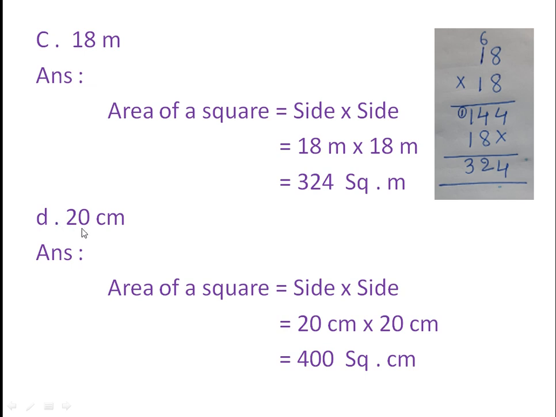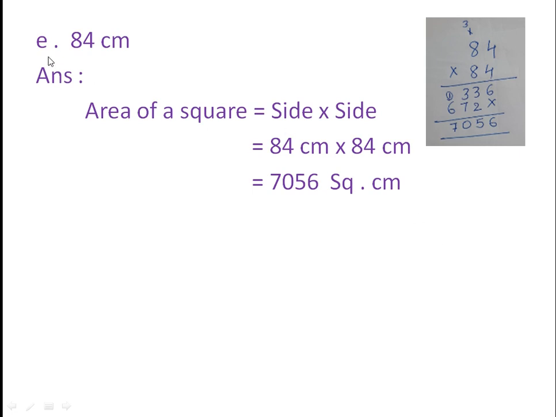And next, D is 20 centimeters. First write down the statements like this. First write down the formula for the area of the square, side multiplied with side, write down the side value and multiply both values. 20 20s are 400 square centimeters is the answer for this problem. And the next one, E, 84 centimeters.